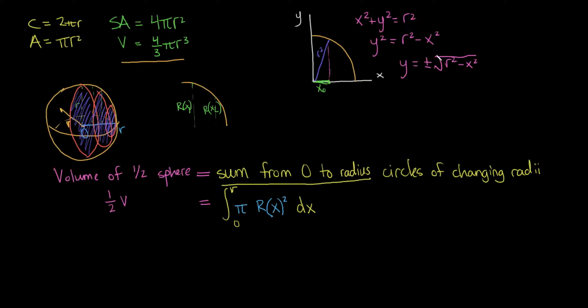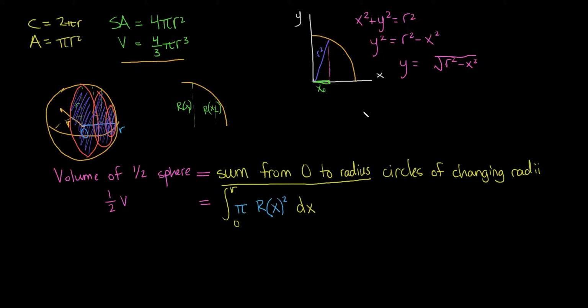And the reason it's plus or minus here is because given a certain x, we could also go down and have the exact same continuation on the bottom of the circle. But we're not thinking about that right now, so we can get rid of the plus or minus and just call it the positive version only.